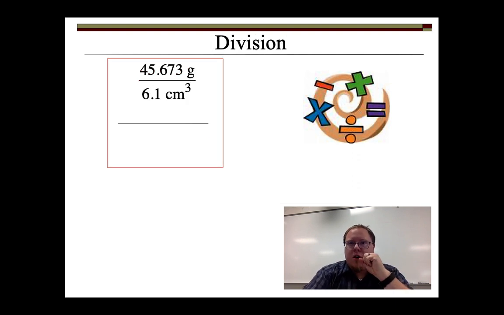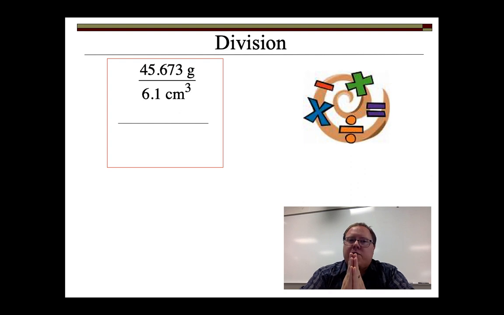Let's try division here. Let's say I want to calculate the density of something. Density is the mass divided by the volume. So I measure the mass as being 45.673 grams, and then I measure the volume as being 6.1 centimeters cubed. You would use completely different devices to measure those two things, because you can't use the same one for mass and volume.